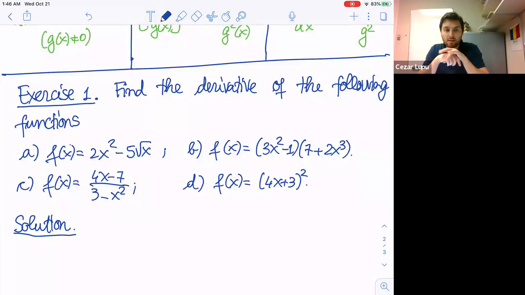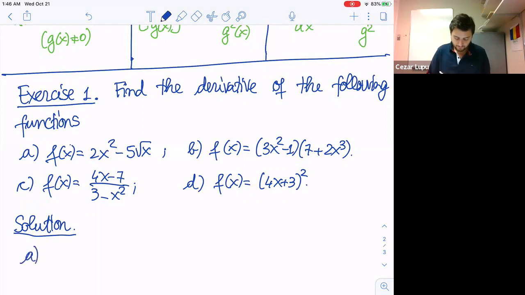B is the product of 2 functions, a quadratic and a cubic function. The function from C is the ratio of 2 functions, a linear function and a quadratic function. And the last one is just the square of a linear function. All right, let's do these problems.